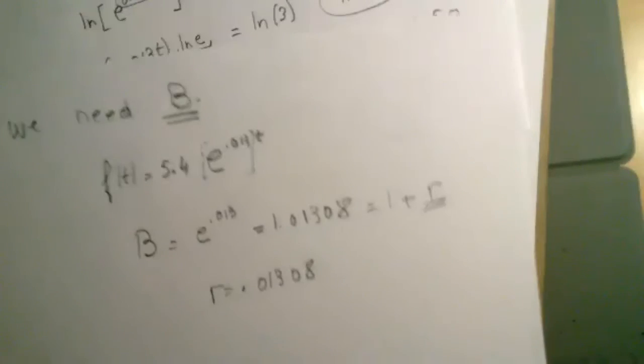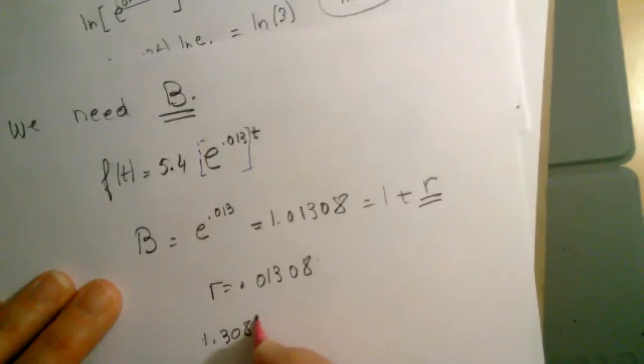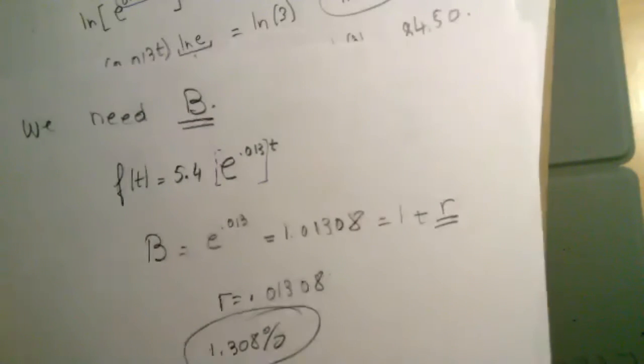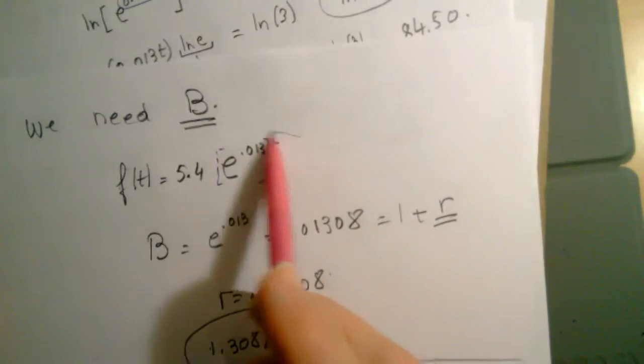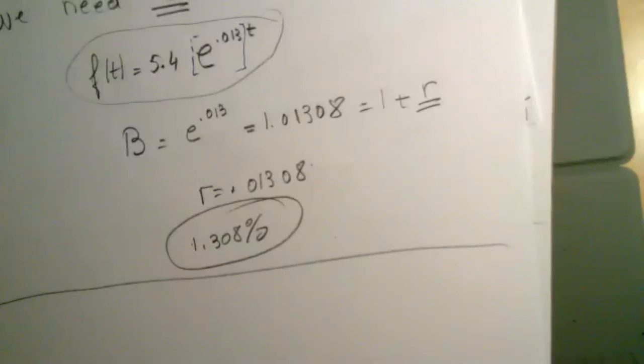So the actual rate is that the population is growing at the rate of 1.308%. So that's the population growth in the state of Washington, granting that this model is kept. Okay, that's how we analyze those ideas.